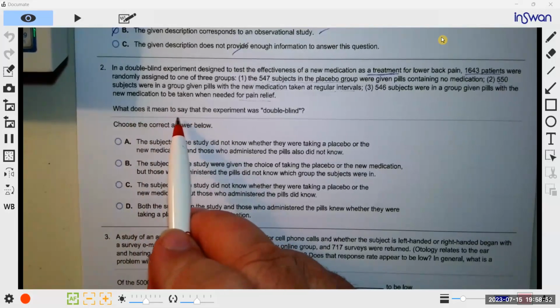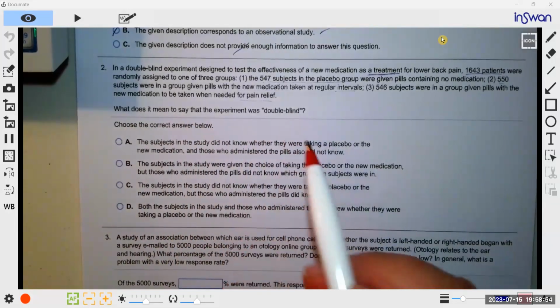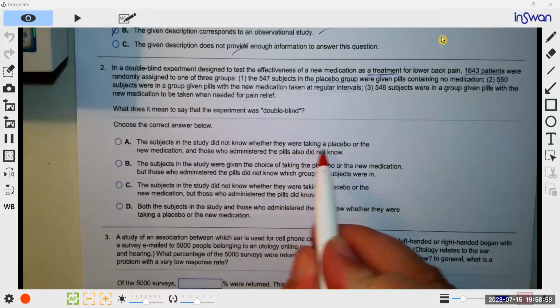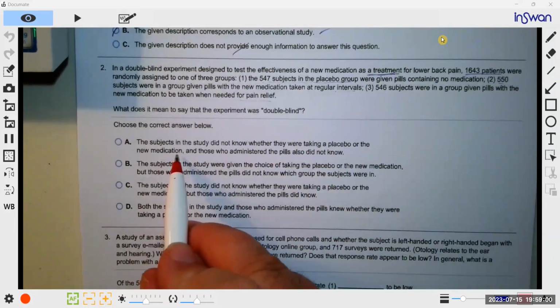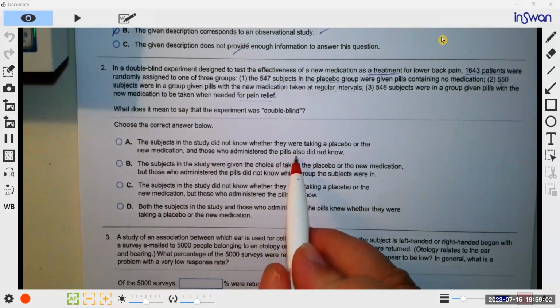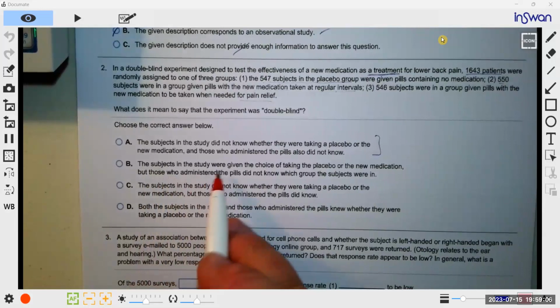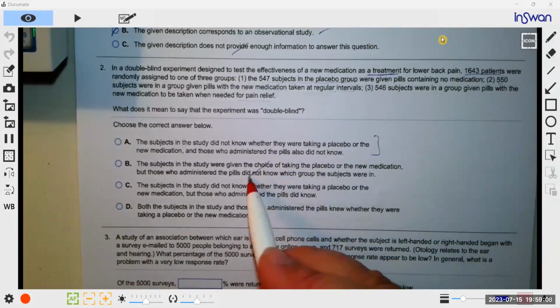What does it mean to say that an experiment is double blind? The subjects in the study do not know whether they were taking a placebo or the new medication, and those who administer the pills also don't know. That's exactly what it is. The subjects in the study were given a choice? No, they're given no choice.